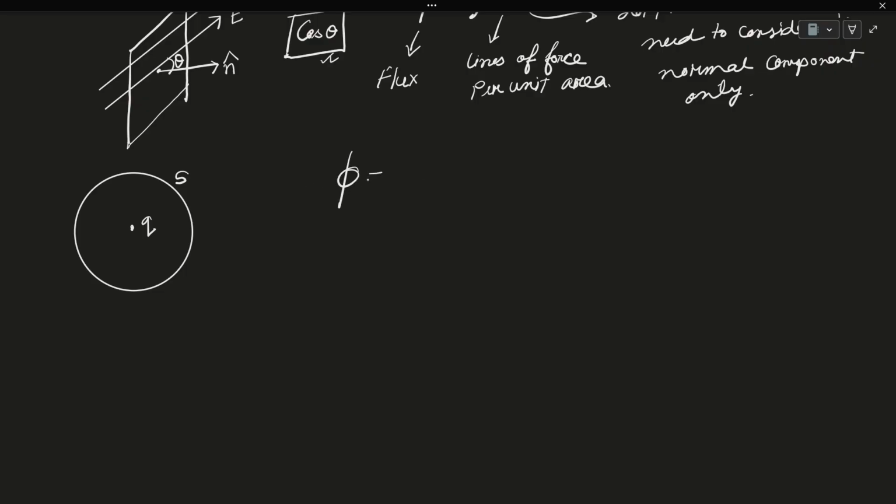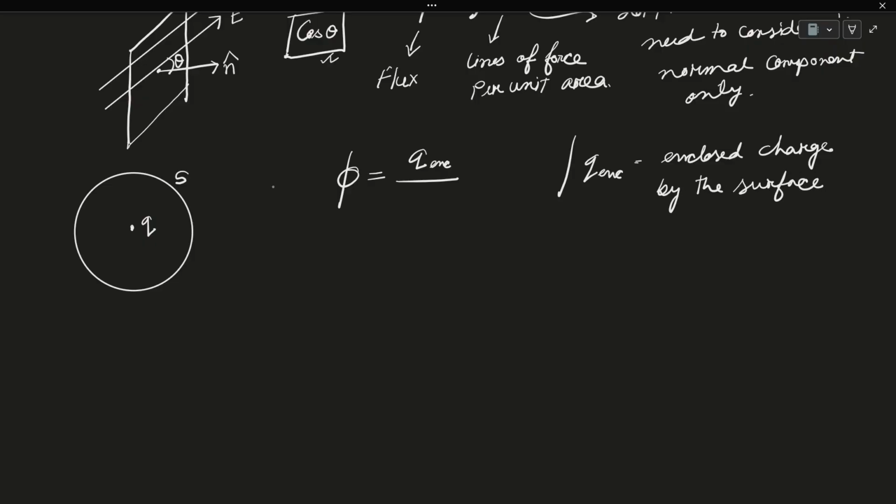Phi, the flux, will be equal to Q enc, where enc means enclosed. Q enclosed is the charge enclosed by the surface, divided by epsilon.